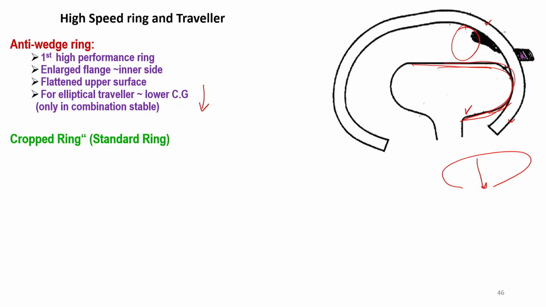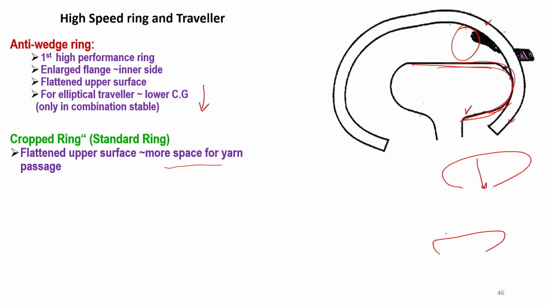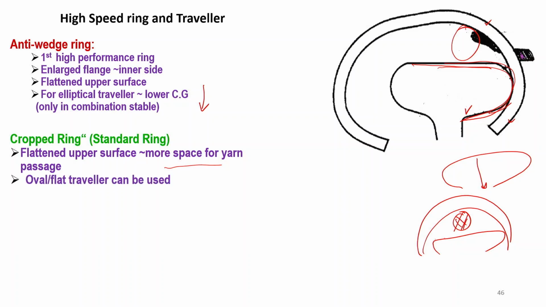Another is the cropped ring, with a flattened upper surface. That is a standard ring with more space for yarn. If the ring surface is cropped, there will be more space for the yarn. An oval or flat traveler can be used because we have already cropped the upper surface and space is created.